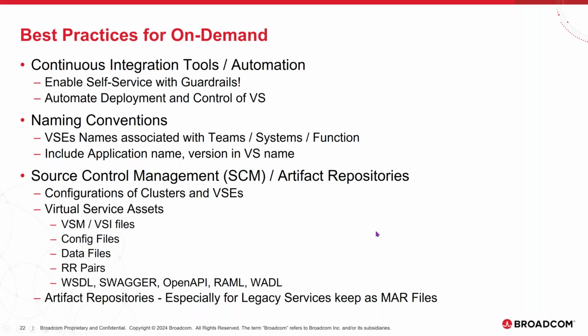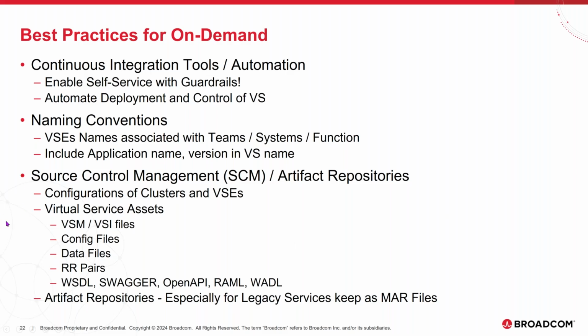In the virtual service name, include the application name and version, definitely, maybe the team that developed it, maybe the version of the virtual service. There's all sorts of things you can do with this, and we're going to be putting out best practices on our community site later on, giving some examples of those best practices.